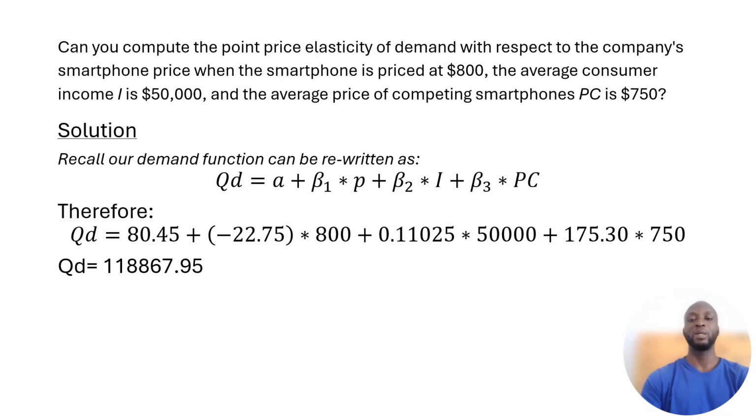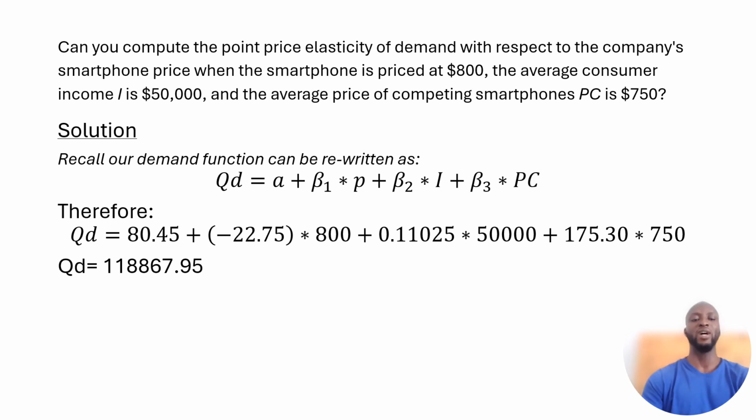I remember some people might struggle with that. So when you do that for the others, also 750 multiplied by this before you add, and you have to do 50,000 multiplied by 0.11025 before you do your addition. So multiplication before addition, simply. And when you do the addition correctly, you should get this value of quantity demand.